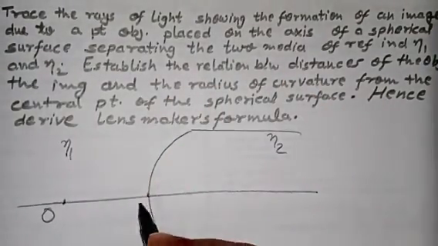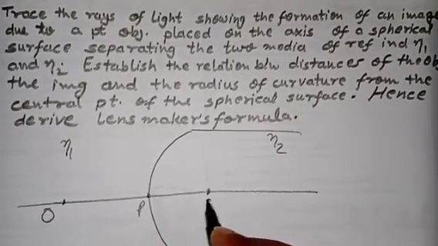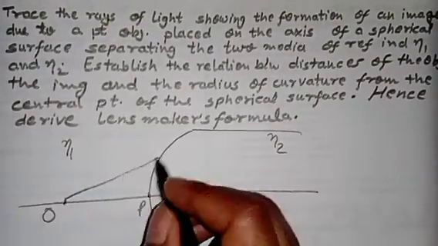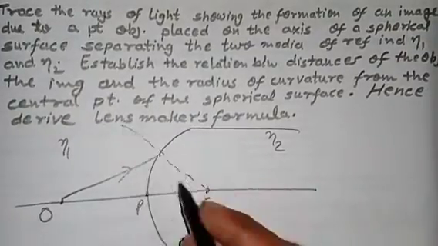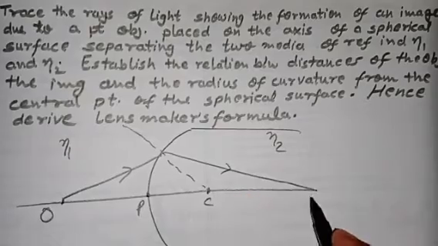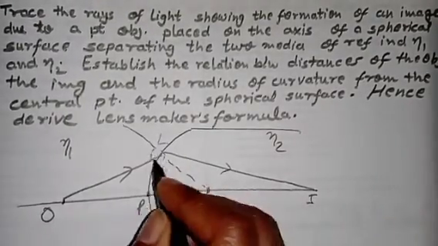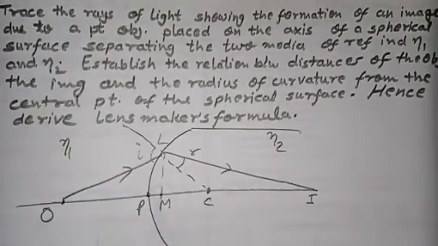And here we can mark a point P, it will have some center of curvature C. So this is the ray, normal drawn to it, it will bend toward the normal, and that's all. This is the image, this is L point, perpendicular M, angle of incidence, angle of refraction.